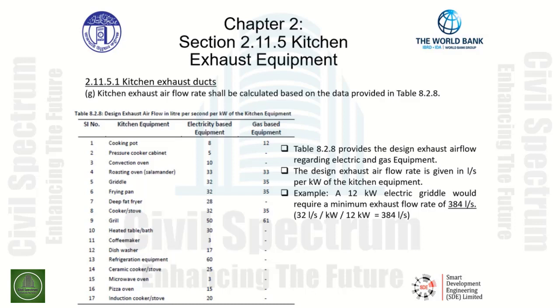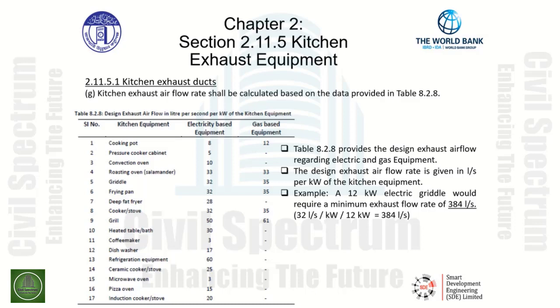The second column indicates the type of kitchen equipment. The third column gives the electricity-based equipment value. And the fourth column gives us the gas-based equipment value. Those values are in liters per second per kilowatt of the kitchen equipment.